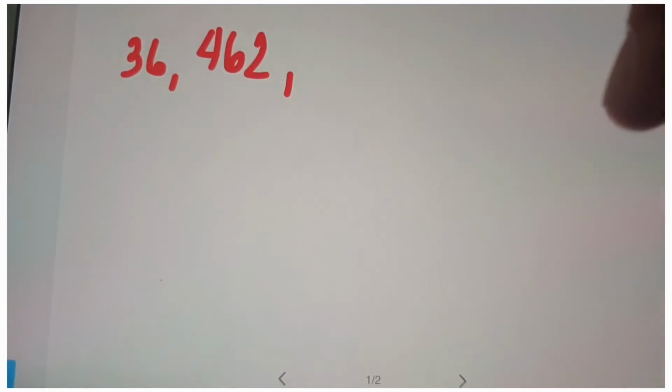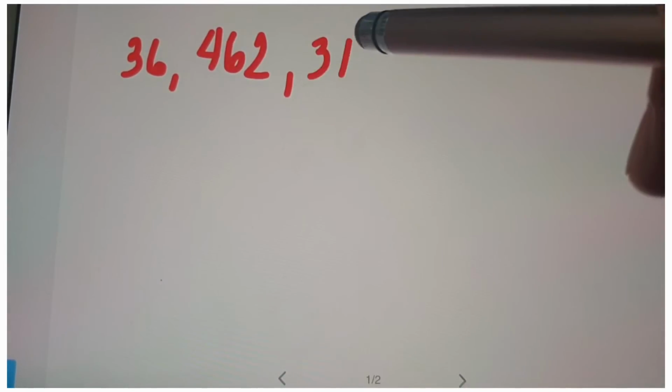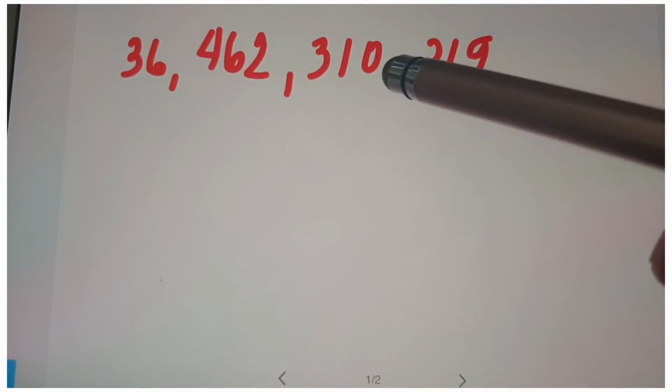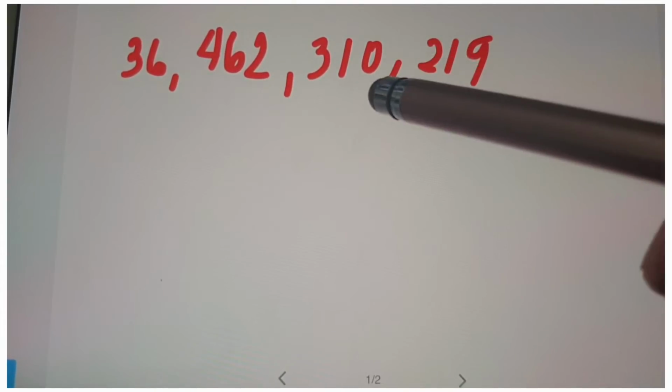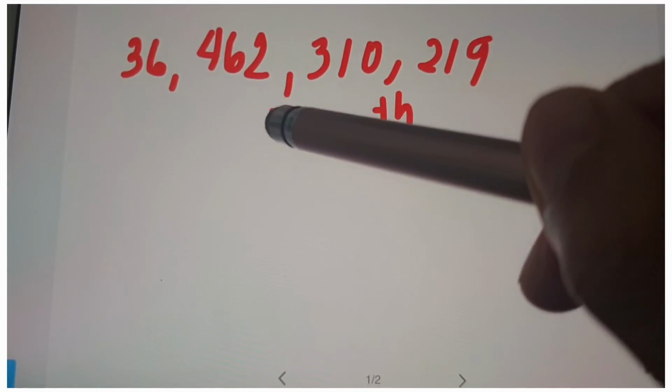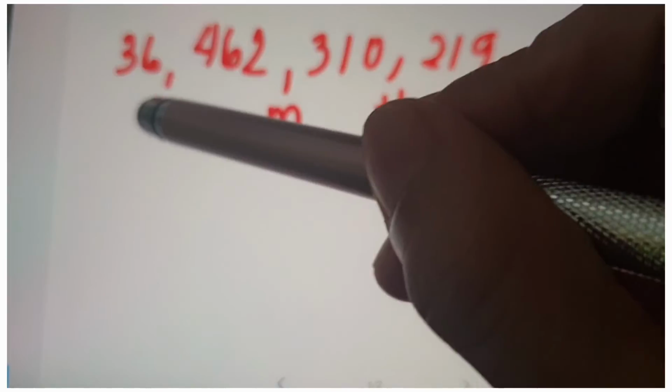So this time, let's try to write the numbers in short word form. Example. So the first comma stands for thousand, the second comma stands for million, and the third comma stands for billion.